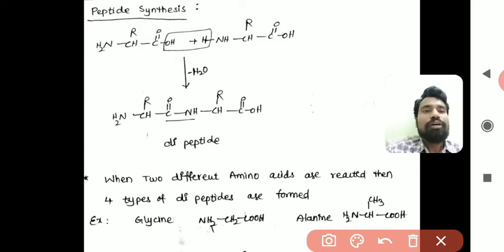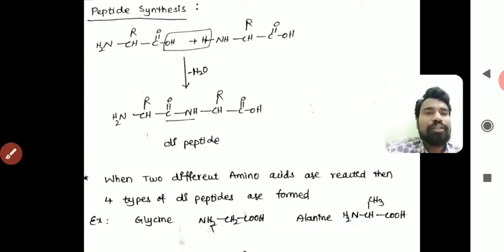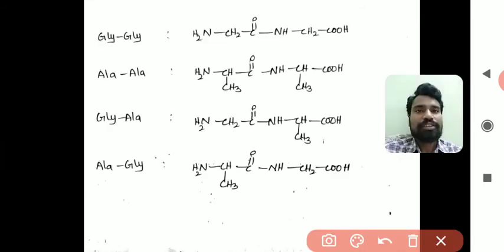We add them together and make them react with each other. So what will happen? There is a formation of dipeptides like this.